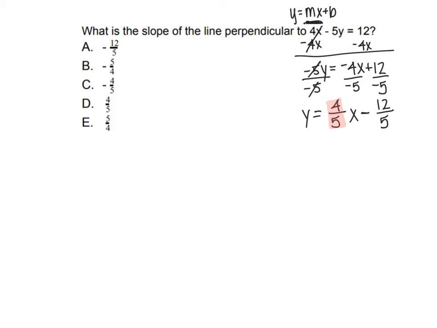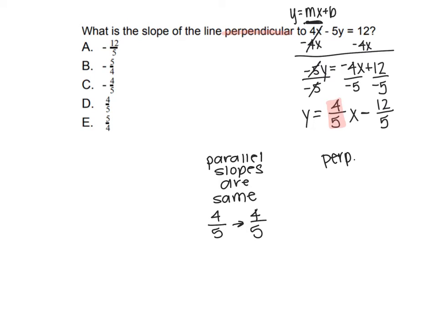The problem says what's perpendicular to that. So what you need to remember about slopes is parallel slopes are the exact same. So if it asks for a parallel, I would want to say, oh, 4/5, because I want them to be the exact same.